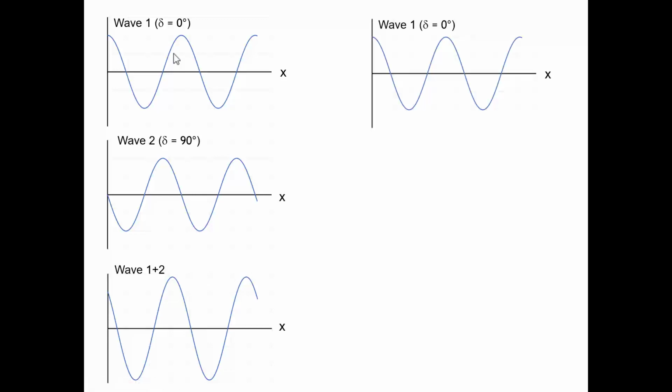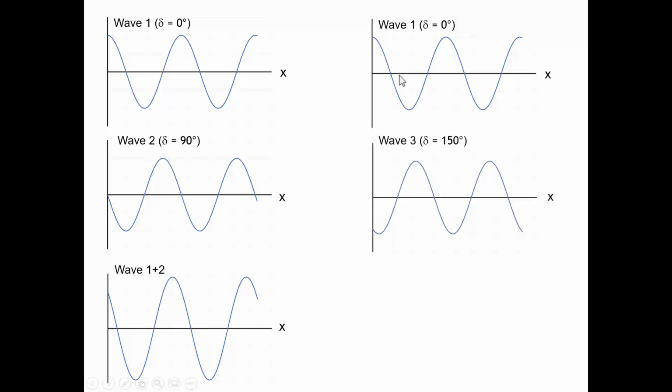Now what happens if we were to do a phase shift that was a little bit larger? Let's say that we started not at a 90-degree phase shift, but we went all the way out here to 150 degrees. So we're going to take that point and move it back to 0. When we do that, here's where we start, and now this wave oscillates in the following manner.